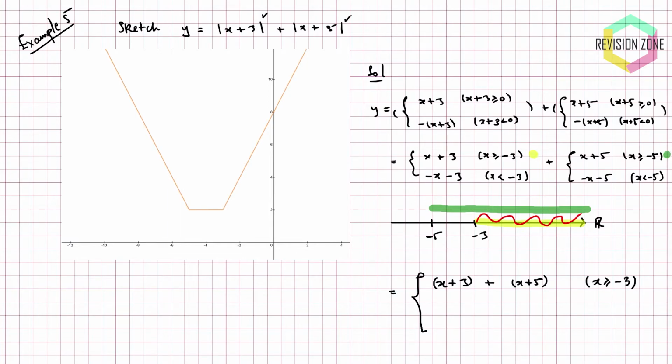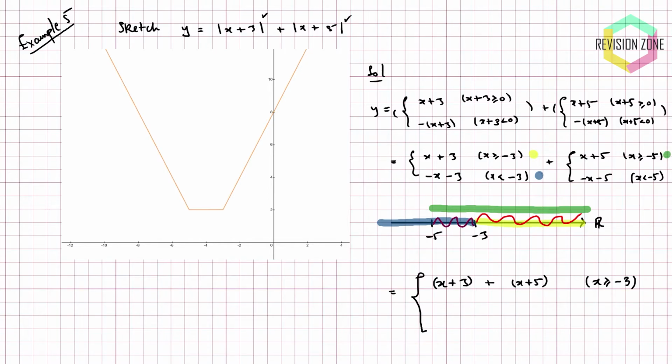So let me mark out the entire region where x happens to be less than negative 3. This entire region here is where x is less than negative 3. And since we're interested in this interval here, we've got the blue and the green overlapping, right?